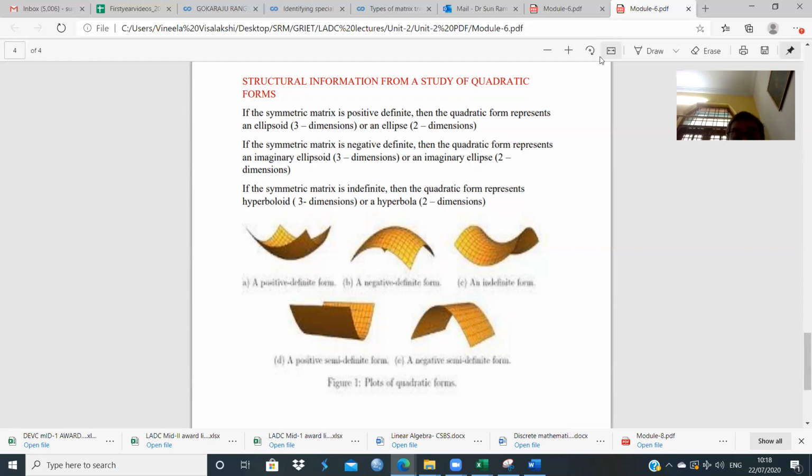The second one does not have a valley, but it has got a mountain top. So whenever we have a quadratic form which is negative definite, then it helps us to understand the maximization of a function. The third one is indefinite. We can't see a clear maximum, a clear minimum, but we can see a saddle point. So that's explained by an indefinite quadratic form.